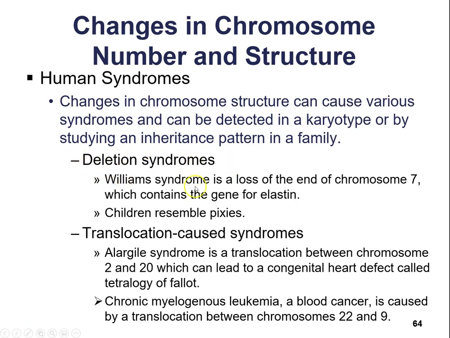Examples of deletion syndromes: Williams syndrome is one, where you have loss of the end of chromosome 7. One of the major genes implicated in this syndrome is the gene for elastin, but there's also going to be a lack of other genes that are present in that area as well.